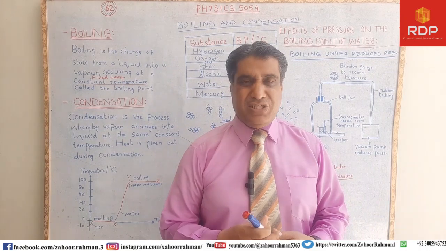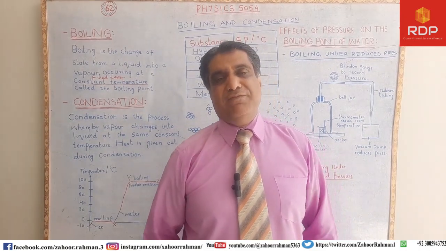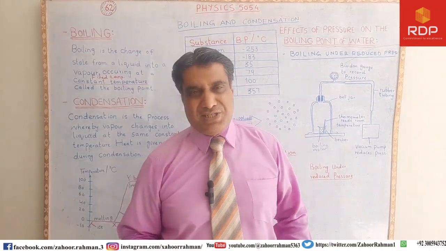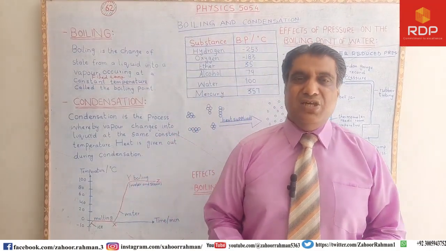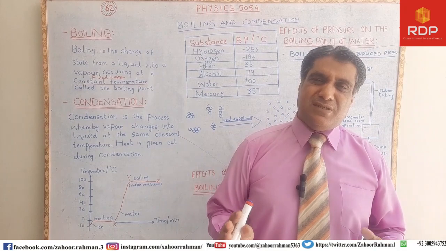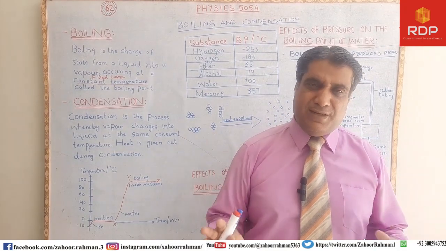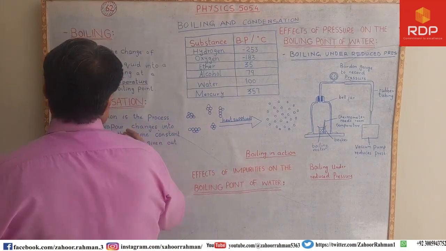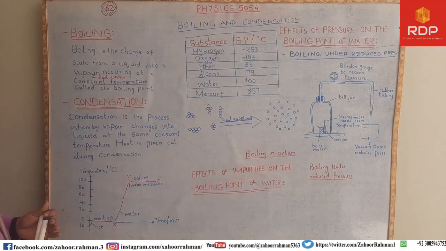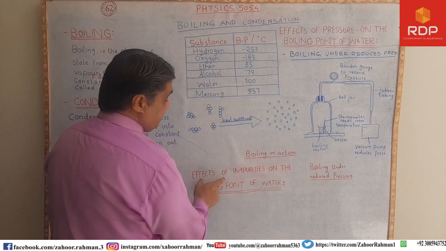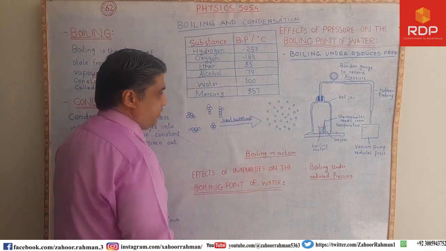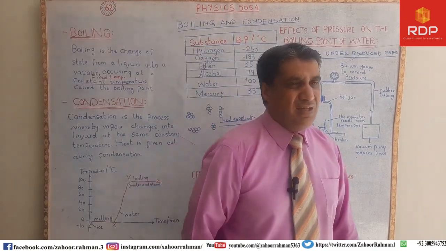Actually, they were reducing the melting point from 0 to -2 or -3, something like that. So can we observe these sorts of phenomena in the case of boiling? So we will observe the effects of impurities on the boiling point of water.